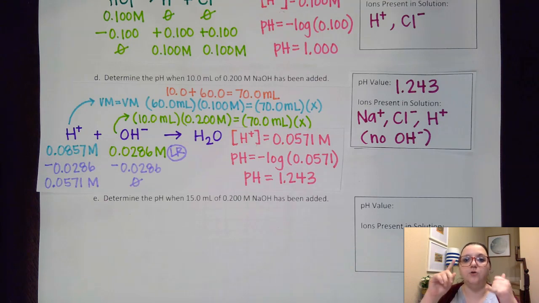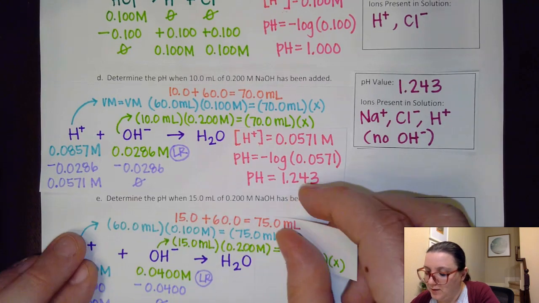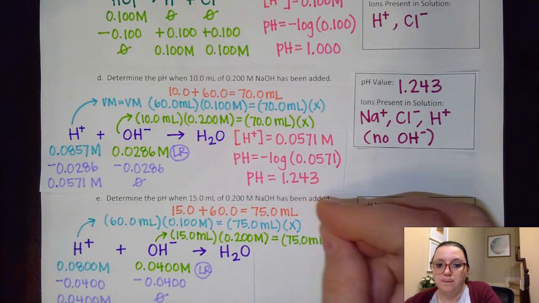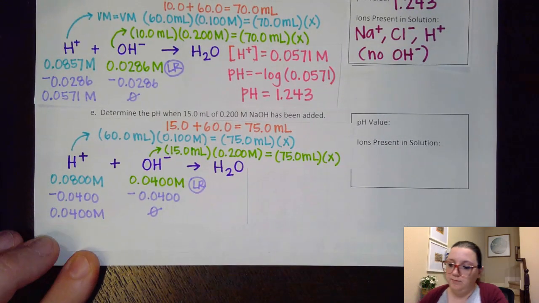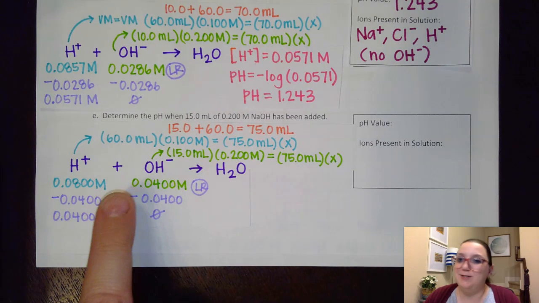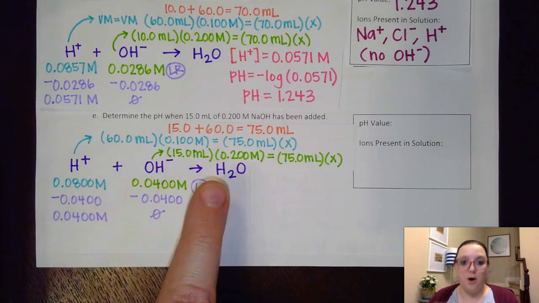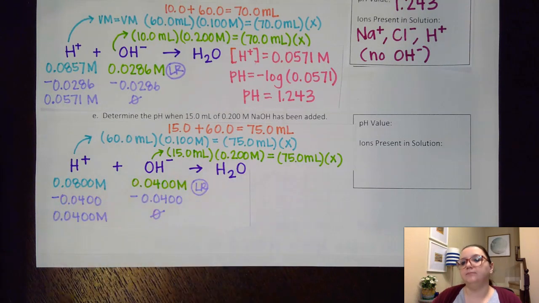I need to think through NDSP. So here we go. First thing I would do, write my net ionic. You notice it hasn't changed. It's still H and OH ions making water, right? So that's the N. D, dilution.